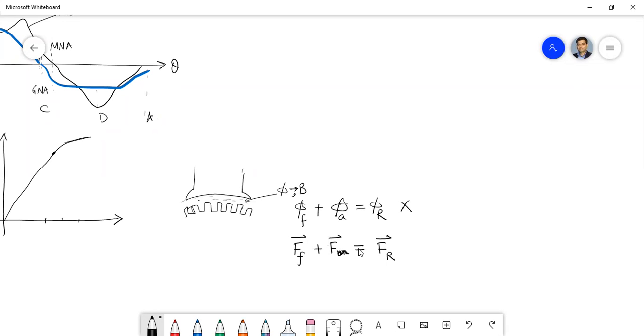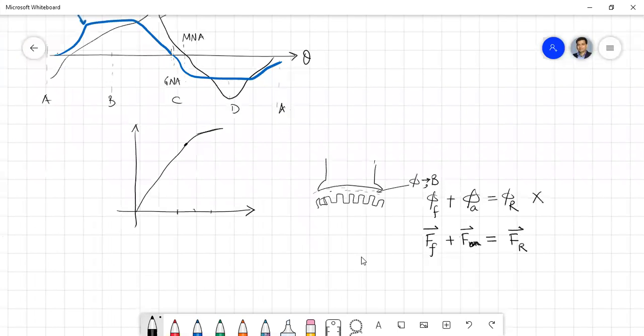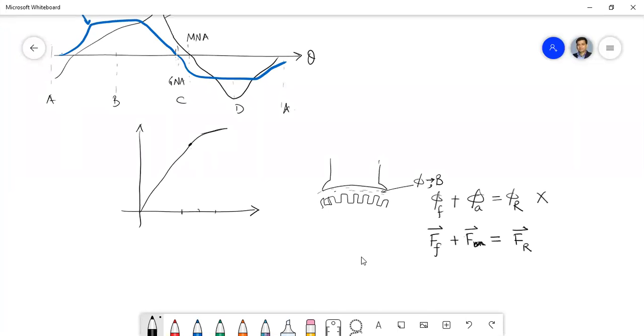Now suppose in the main field we have the MMF here. So this is the MMF point, or you can say this is the H point, corresponding to this flux.